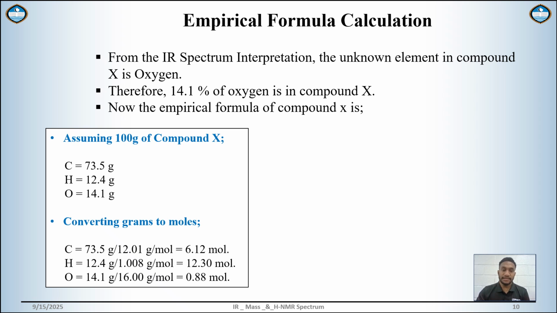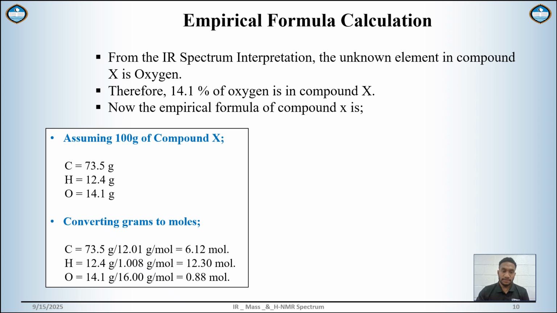Now converting grams to mole, dividing the grams by the molar mass of each element. Therefore, carbon: 73.5 grams divided by 12.01 grams per mole gives 6.12 mole.